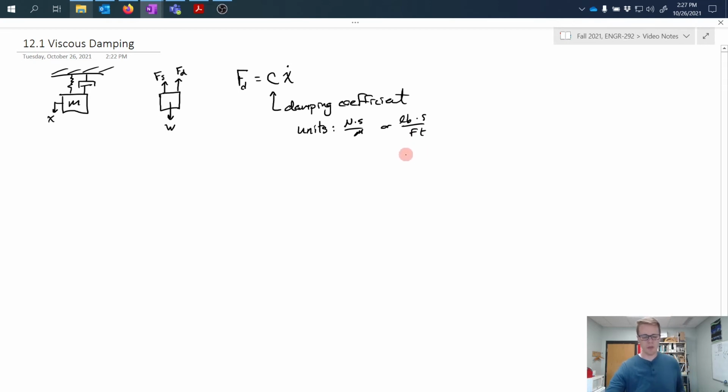So we've got a model for this mass spring damper system, and once again I'm going to take a summation of forces, and this is probably not in the y direction since I've labeled it x, but we'll just say a summation of forces of W minus Fs minus Fd equals mass times acceleration.